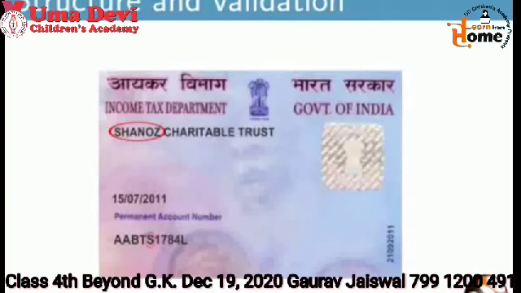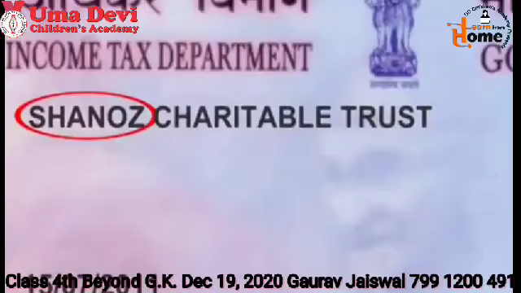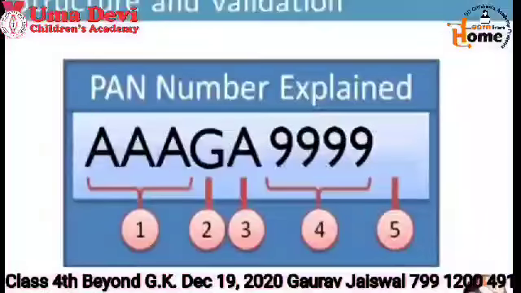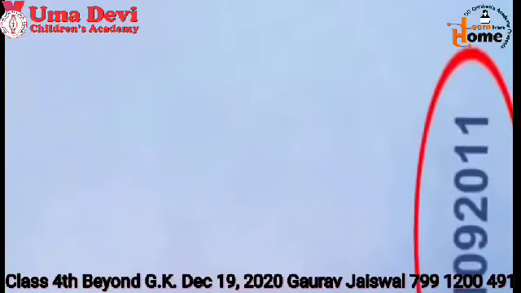In the image shown, the name of the trust is Shanos. Therefore, the fifth character is S. The last character is an alphabetic check digit. The date of issue of the PAN card is mentioned at the right hand side of the PAN card.